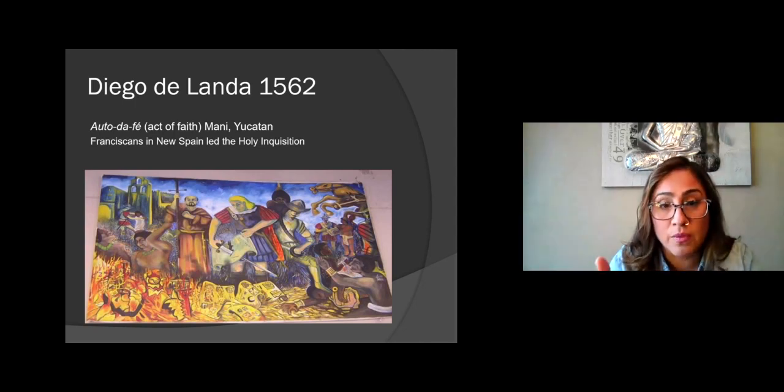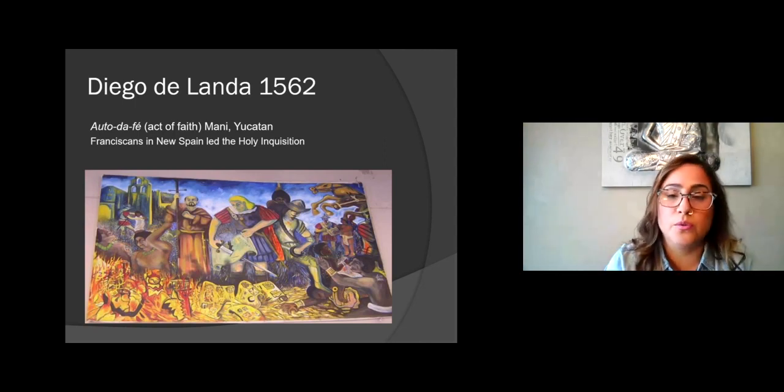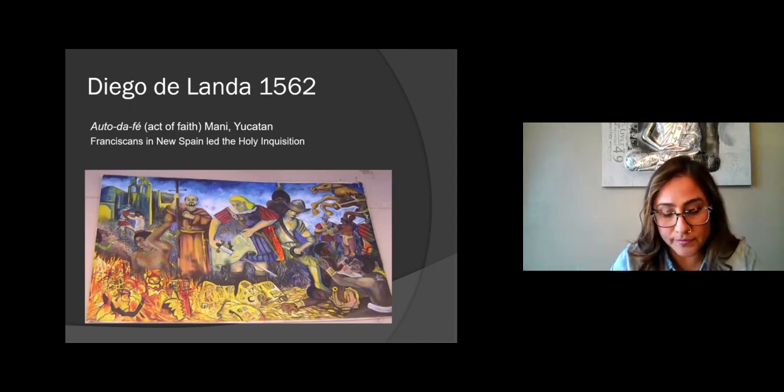In many cases, like I said, where the field of anthropology comes into play is to collect the memoirs from these missionaries that kept detailed memoirs and wrote letters back and forth to either their bishop or their leaders to convince them of certain acts that they had to carry out, as in this case, the famous auto de fe of Mani Yucatan.